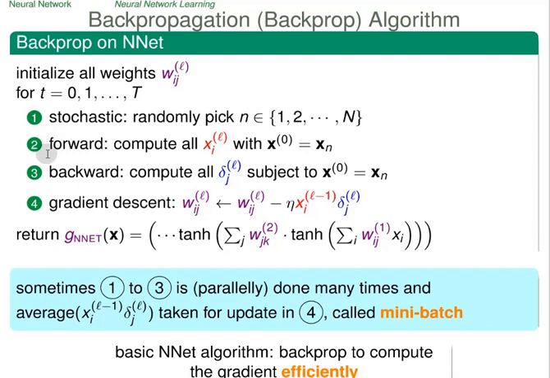This allows us to calculate the average update in step 4 using not only a single example, but a few selected examples. Let's say we pick 64 examples, and then update the weights using the average over those 64 examples. We call this a mini-batch weight update.